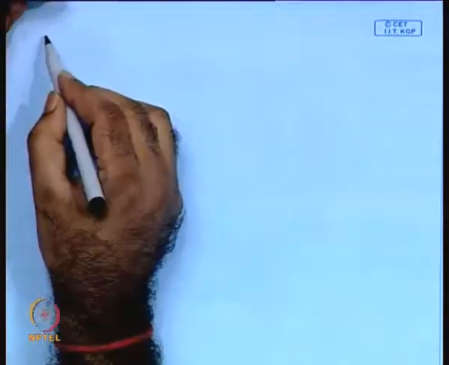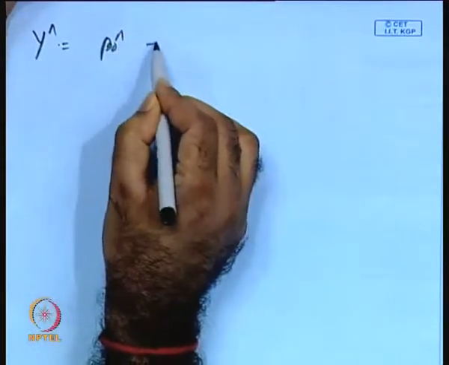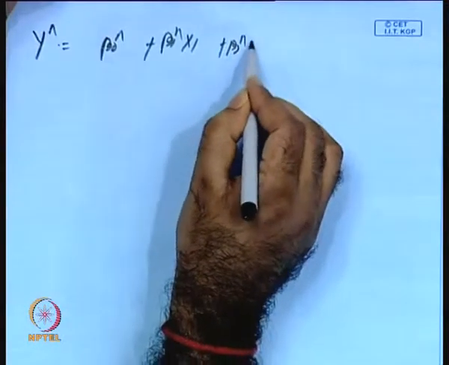Okay. So, now we need to know first what the estimated model is. The moment you get the estimated model, you have to follow the sequence. What is the setup here? Altogether we have to set it like this: y head equals beta 0 head plus beta 1 head x 1 plus beta 2 head x 2.